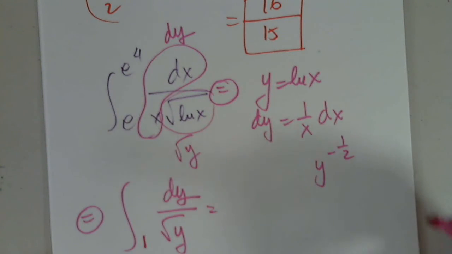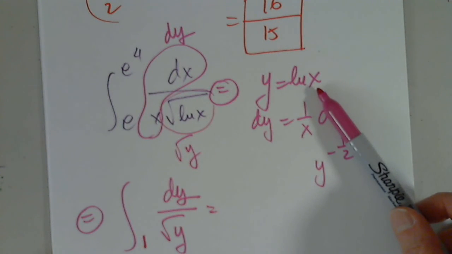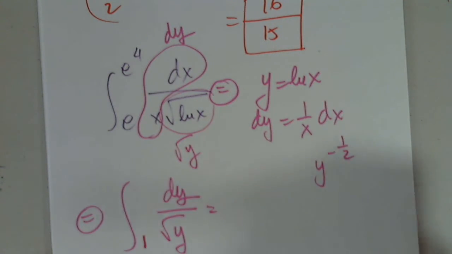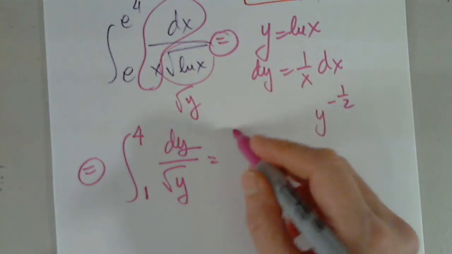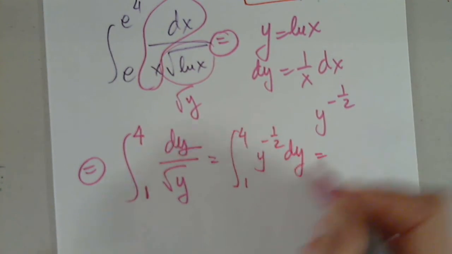One. When the upper limit is e to the fourth power, the top is 4. So next step, we have the integral from 1 to 4 of y to negative 1/2 dy.